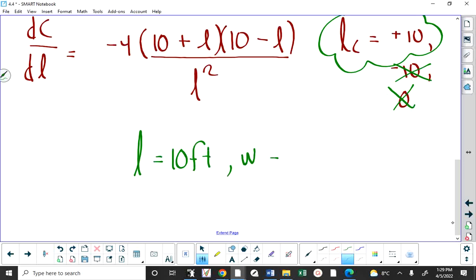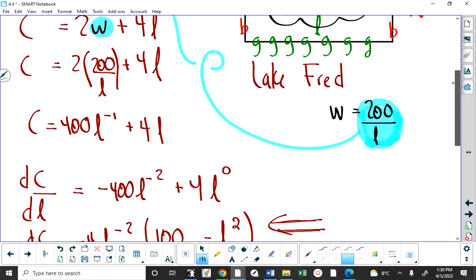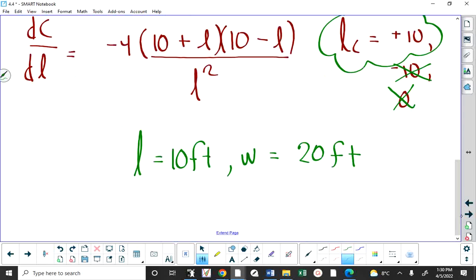The width is equal to, there are a number of ways for you to figure out the width, but I believe it's going to be 20 feet, and I'm just going with length times width equals 200. You could certainly go to your equation of constraint and put L in as 10, and you'd have 200 over 10, and you'd get 20. So these are the dimensions that would give the minimum cost.